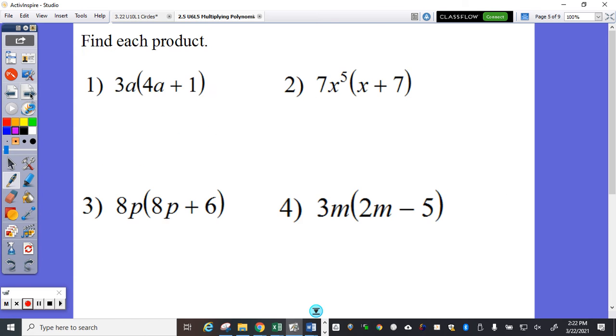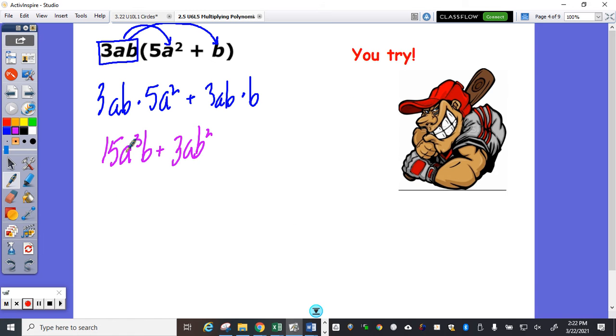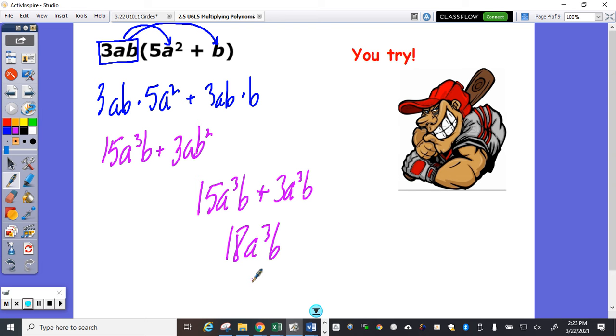Good. That's it. Unless you have like terms, which you don't have, that's it. Because this is an a to the third, this is an a, this is a b, this is a b squared. Now, if I had 15a to the third b plus 3a to the third b, well, then I would have 18a to the third b.